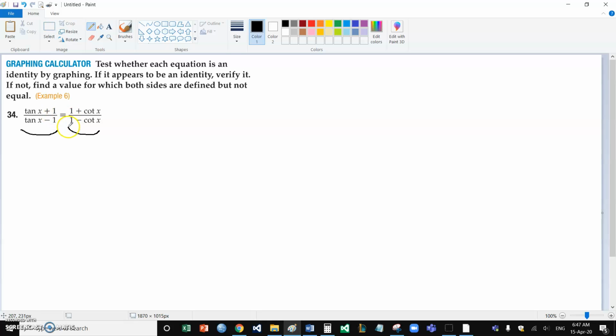If they're not the same, then it is not an identity, and we want to find a value for which both sides are not equal. So let's try to graph those functions first.